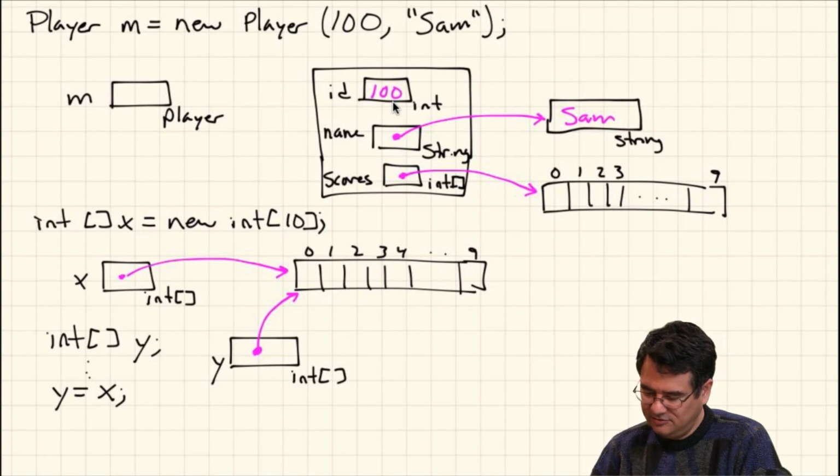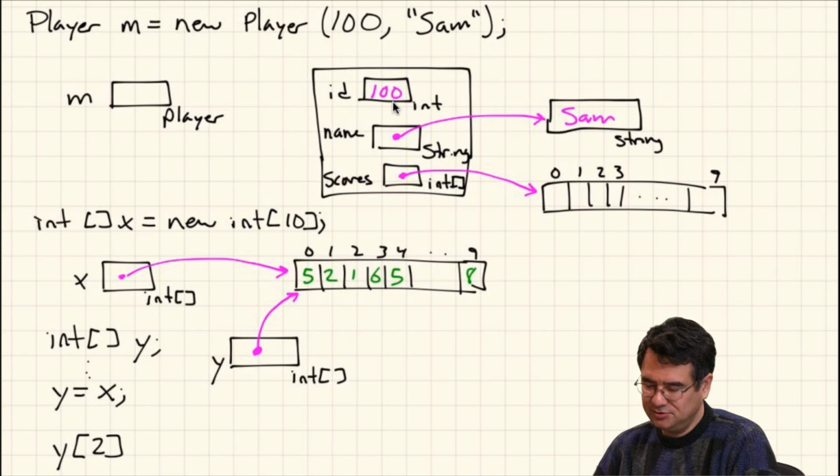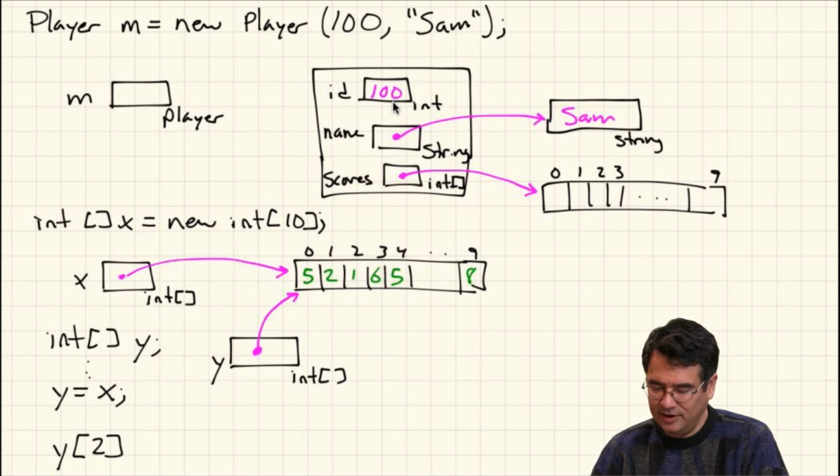So let's say that this array is actually filled in with some values like 5, 2, 1, 6, 5, 8. Okay. If I ask for what's the value of box number 2, it's 1.